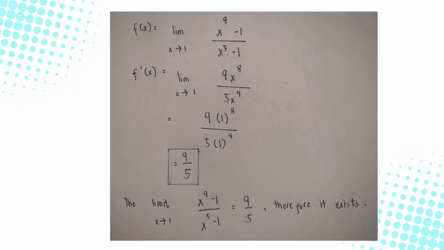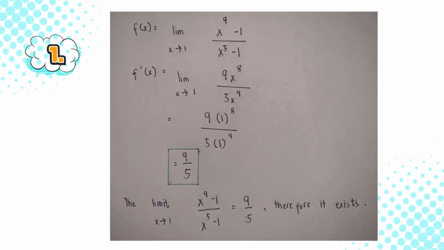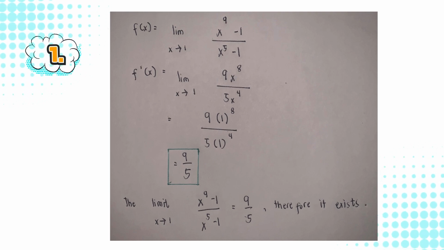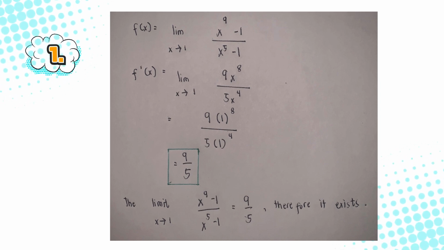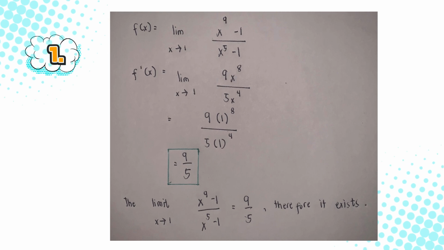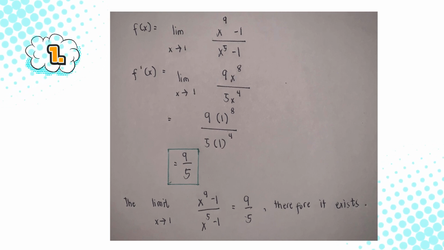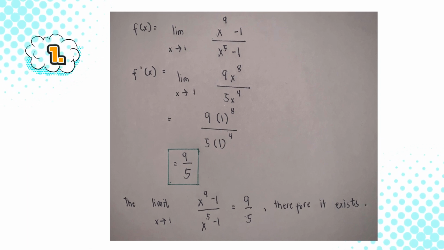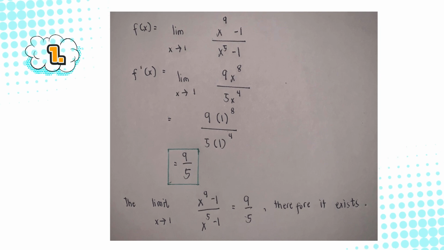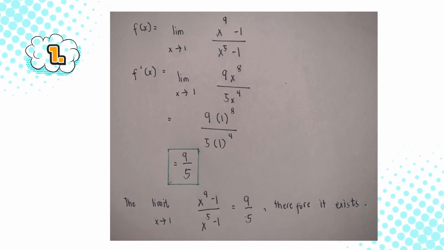So we are going to find the derivative of the numerator and the denominator. The derivative of the numerator, x raised to 9 minus 1, is 9 times x raised to 8. And the derivative of x raised to 5 minus 1 is 5 times x raised to 4.